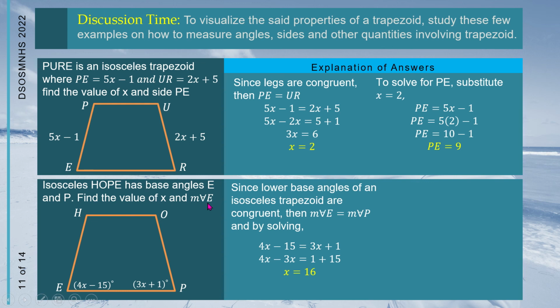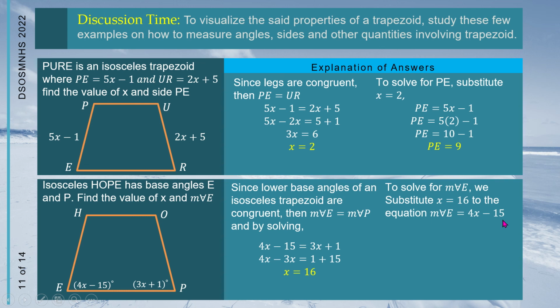Next is to look for the measure of angle E, which is one base angle. To solve for the measure of angle E, we substitute the value of x, which is 16, into the equation: measure of angle E is equal to 4x minus 15.